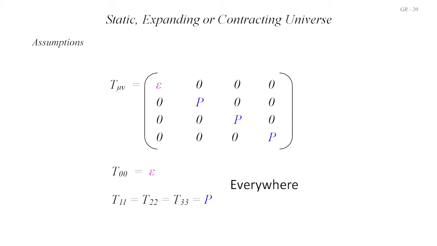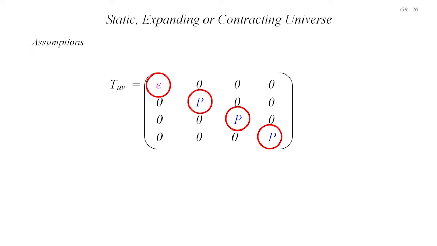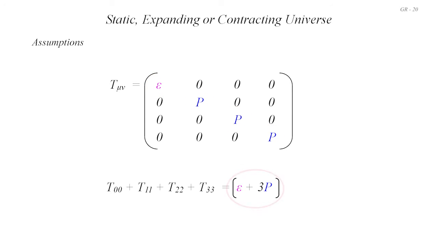Now, as an aside, even though we are missing out virtually all of the mathematics, it might be worth noticing here that what we might call the contraction or trace of this tensor, which is the sum of the diagonals, is this plus these three. And that expression, epsilon plus 3p, will come up again later in some of our formula. That's by the way.